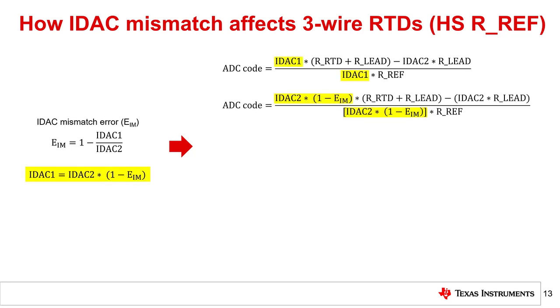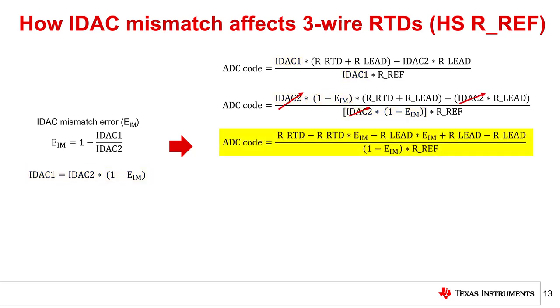First, let's substitute the IDAC1 equation on the left into the second equation on the right. With the ADC code equation only in terms of IDAC2, we can cancel out the IDAC2 term in the numerator and the denominator of this equation, as well as distribute the terms on the top. This yields the third equation on the right.